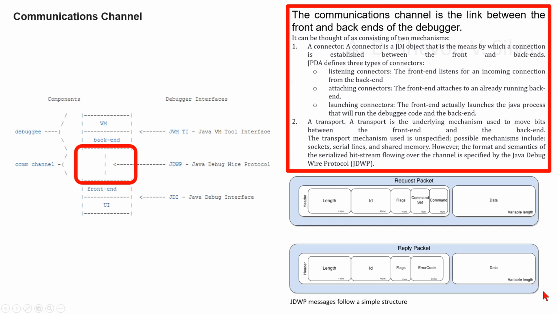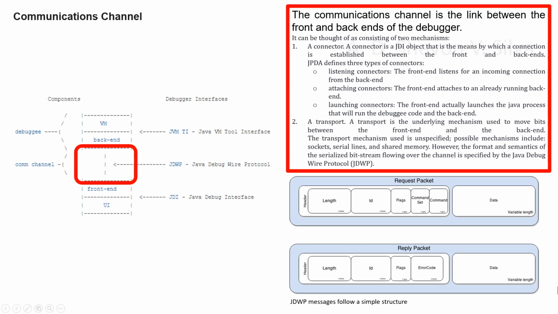Currently, events sent from the target VM do not require a response packet from the debugger. JDWP is asynchronous. Multiple command packets may be sent before the first reply packet is received.